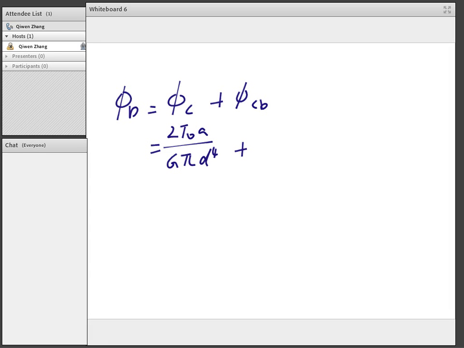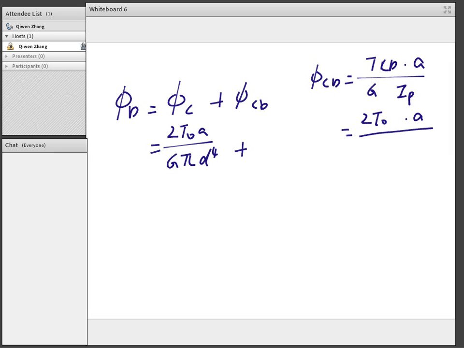So phi CD is just equal to TCD times A divided by GIP, right? And then TCD we calculated to be 2T0. A is a parameter that we already know. G is given.